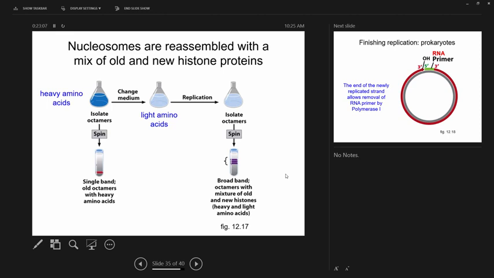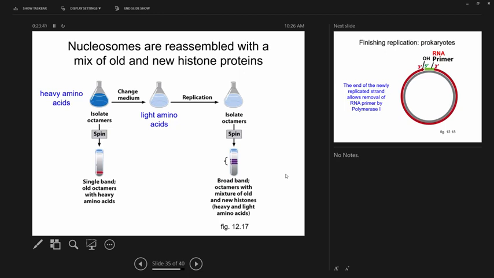So a new nucleosome could be all old, heavy histones, all new light histones, or any mixture. Like the H3H4 could be old or new tetramer, all one piece, and each of the two H2A and H2B could be old or new in any combination. That's why you get this diffuse band here, showing that it just gets scrambled and mixed up.